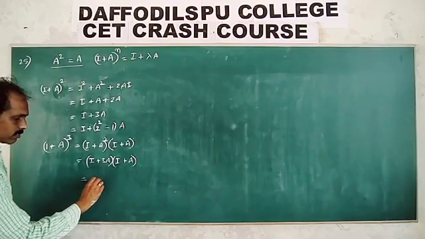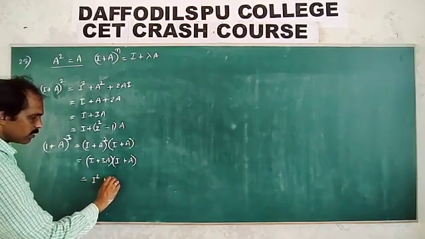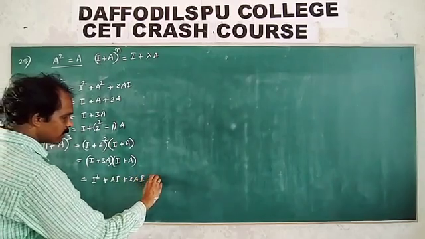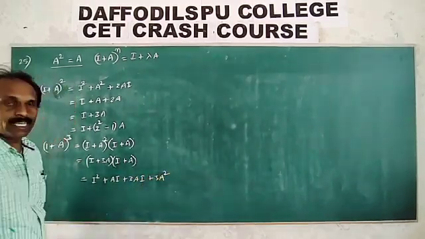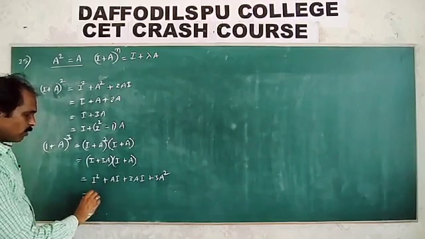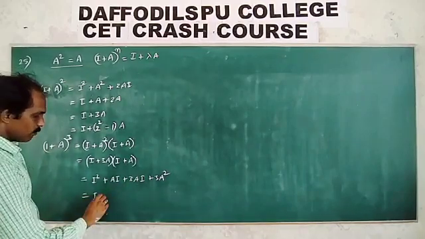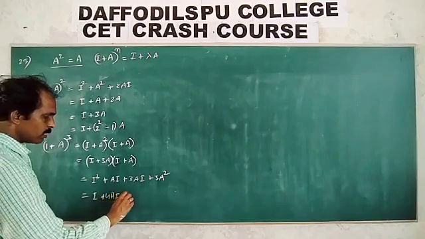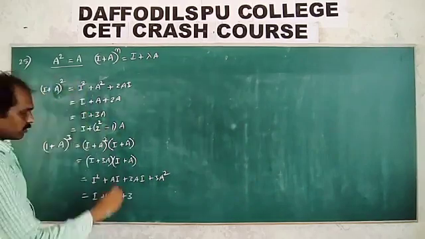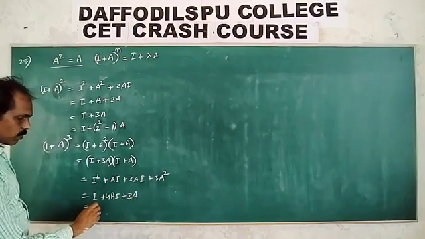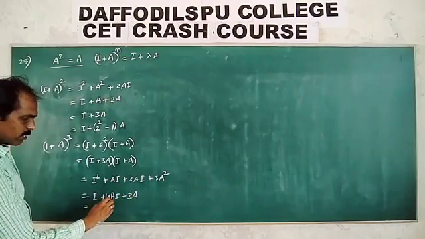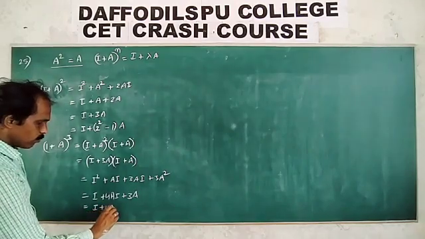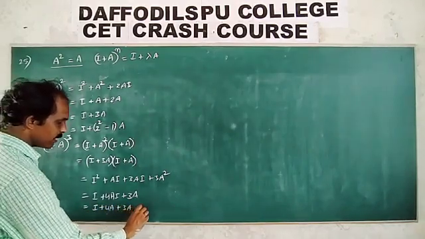Multiply: I square, 3AI, plus AI, plus 3A square. I square value is I, 3AI plus AI is 4AI, plus A square value A. That is equal to I plus 4A plus 3A.